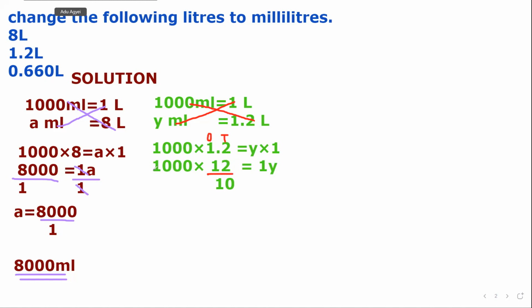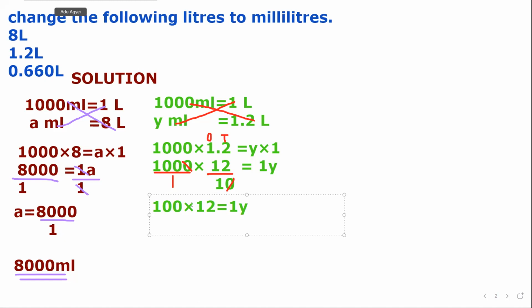And now, every whole number here is over 1. Then you are multiplying the 1,000 by 12 over 10. The 0 here will cancel the 0 here. Now what is left here is 100 times 12, which is equal to 1y.